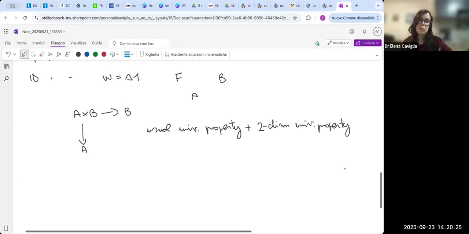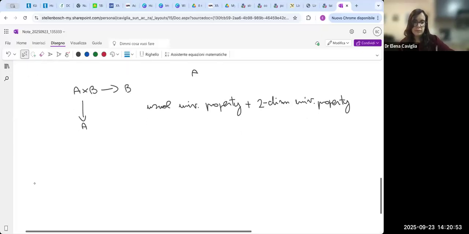And this is because two products and two equalizers have weight delta 1. But we have seen that there are limits that don't have weight delta 1. And so we cannot construct them only using limits with weight delta 1. Limits that have weight delta 1 are usually called conical. So we cannot construct all two limits starting from conical limits. We need to add something more.